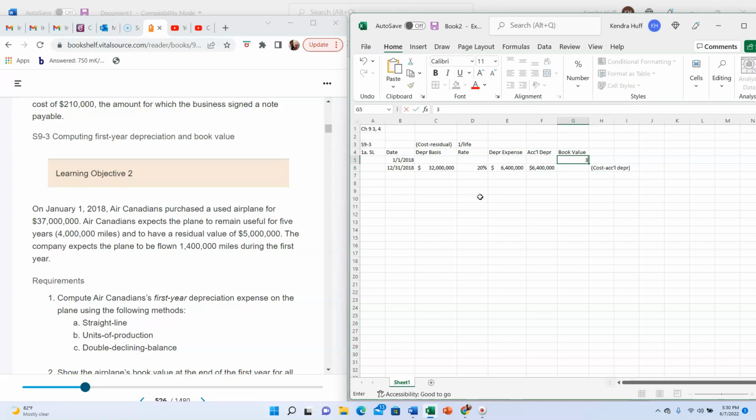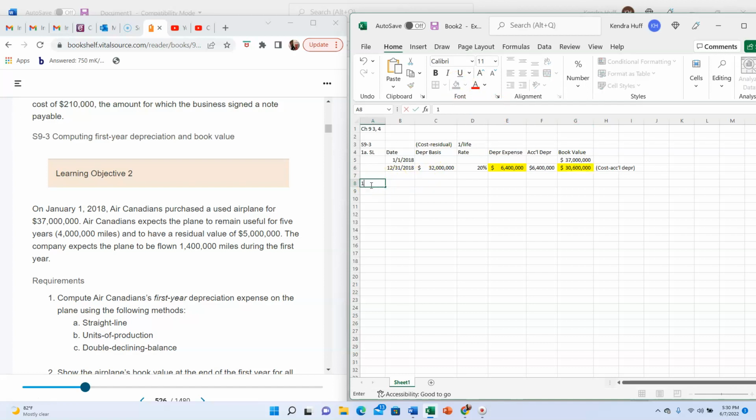Oh, this should be 37 million. So cost minus accumulated depreciation. All right, so our answer for year 1 is 6.4 million and 30,600,000.